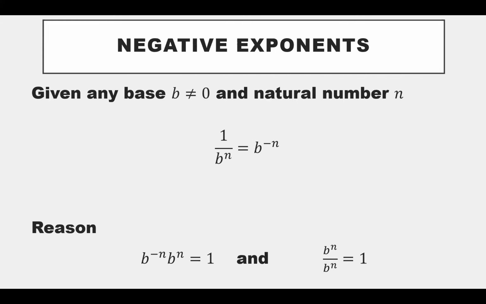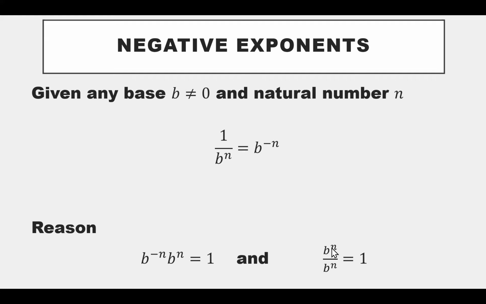Now, to extend this even further, we can go and look at negative exponents as well. If I take b to the negative n power times b to the positive n power, by my product rule, if I want my product rule to work for exponents that are not natural numbers as well, then combining these would give me b to the negative n plus positive n, which is b to the 0, which we just saw was 1.